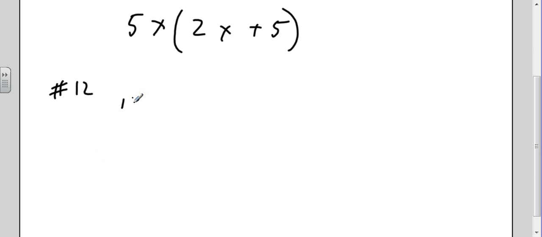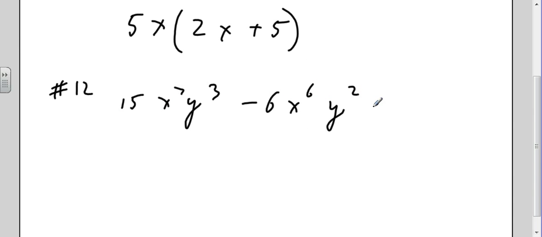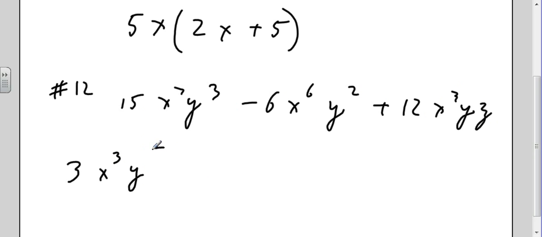I got 15 x to the 7th y cubed minus 6 x to the 6th y squared plus 12 x cubed y z. I say I have a common factor of 3. I have a common factor of x cubed y.